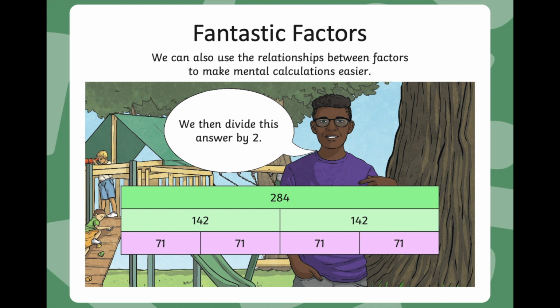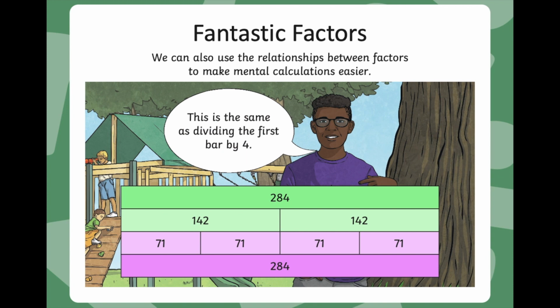And hopefully you'll be able to remember your PCR strategies from the last 2 days to halve 284 and 142. This is the same as dividing the first bar by 4. So, 284 divided by 2 is 142, 142 divided by 2 is 71, therefore 284 divided by 4 is 71.